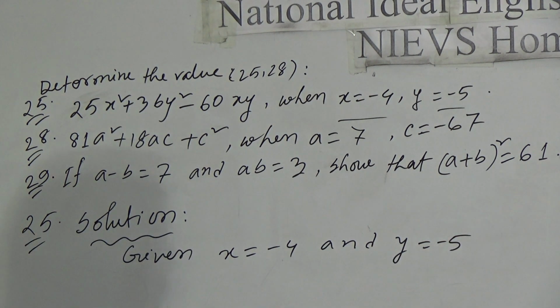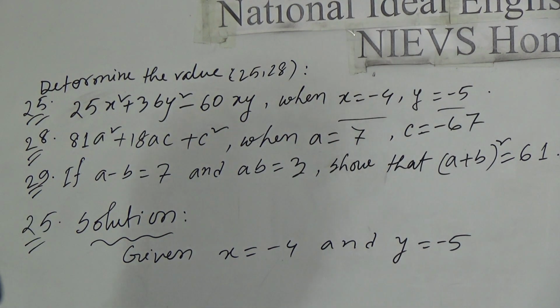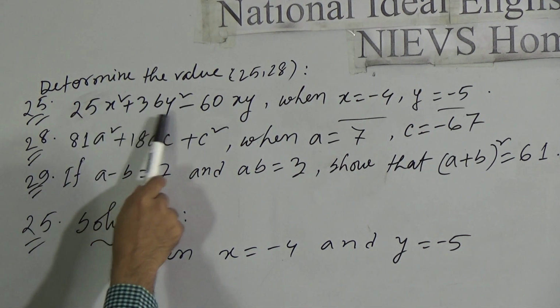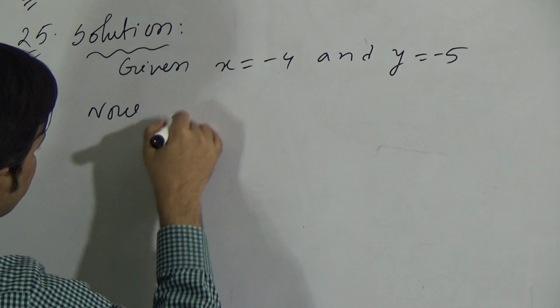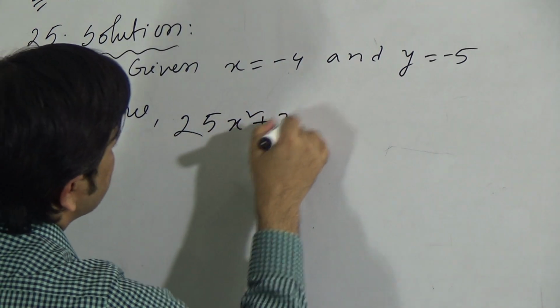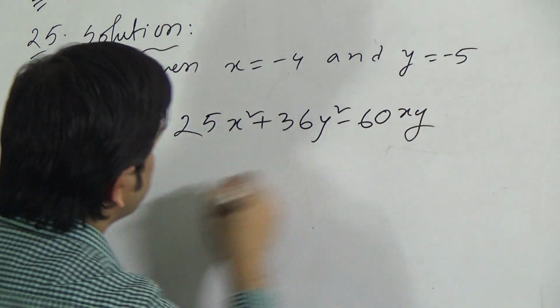These two values are given here. We need to determine the value of the expression. The expression is 25x square plus 36y square minus 60xy. So we can write the expression here now: 25x square plus 36y square minus 60xy.